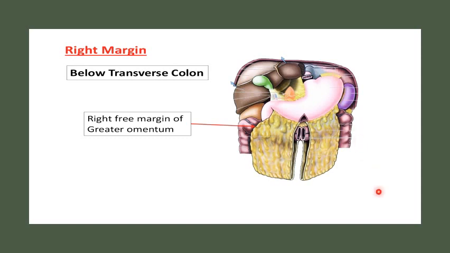All these three things put together become the left margin of lesser sac. From below upwards, it is the left free margin of greater omentum, then the space in between the gastrosplenic and lienorenal ligament, and much further above, the gastrophrenic ligament, which become the left margin of lesser sac.